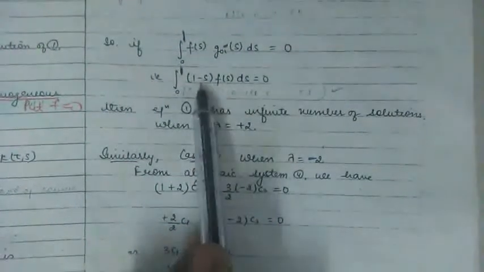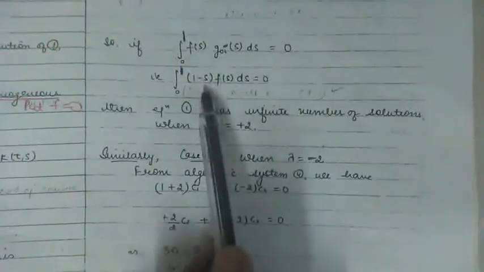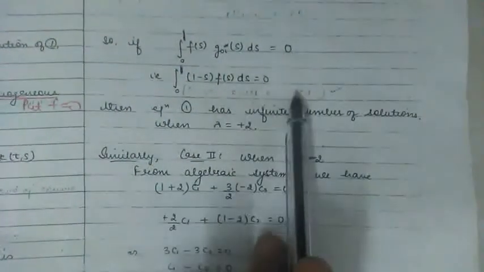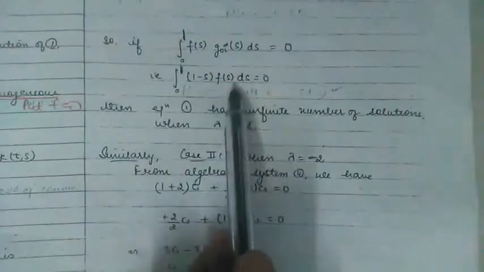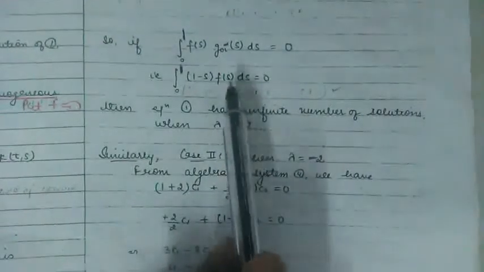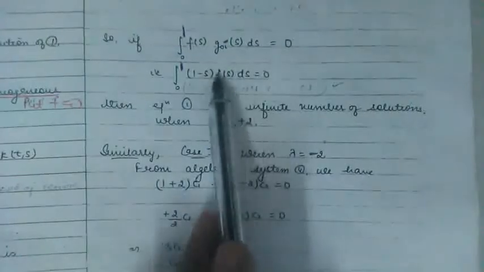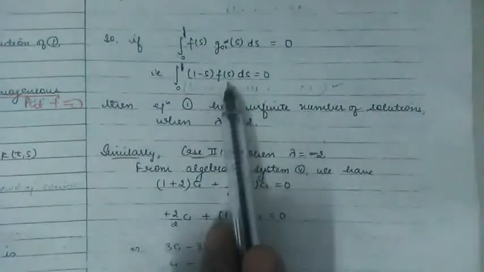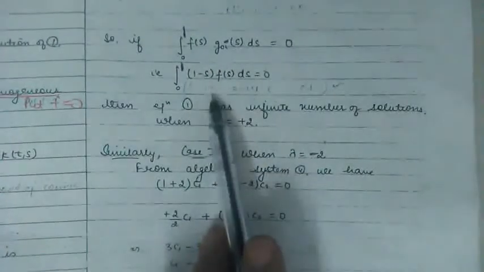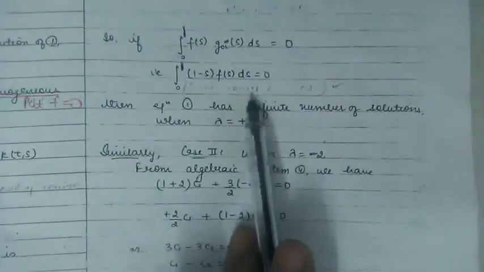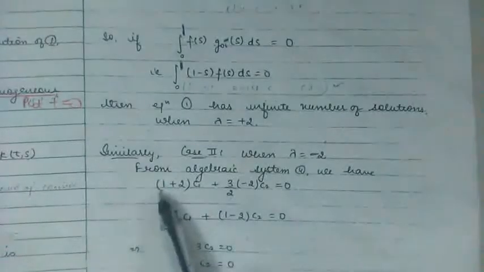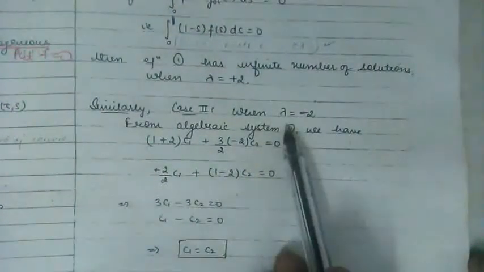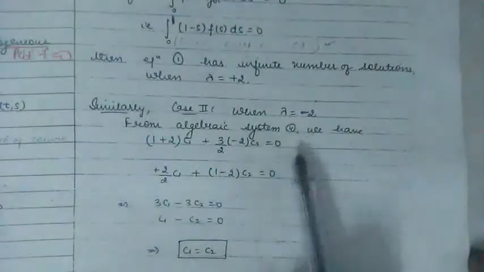Now because in the problem the function f is not given here, we leave the solution here. If we are given f, then we can check whether this product is 0, and then the system has an infinite number of solutions.